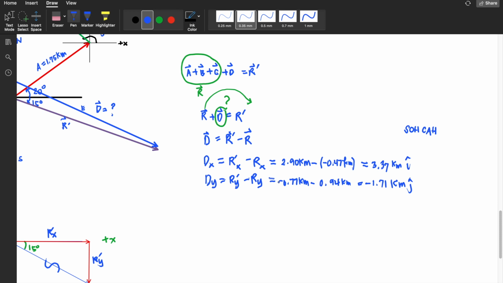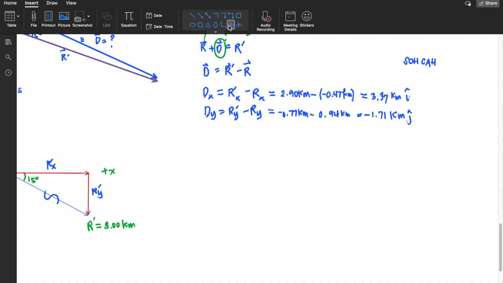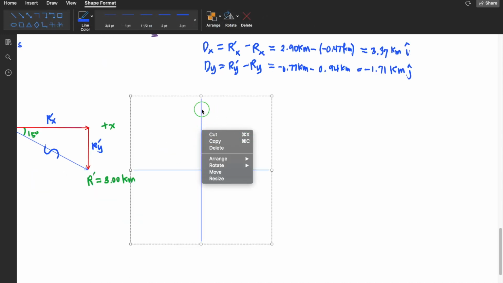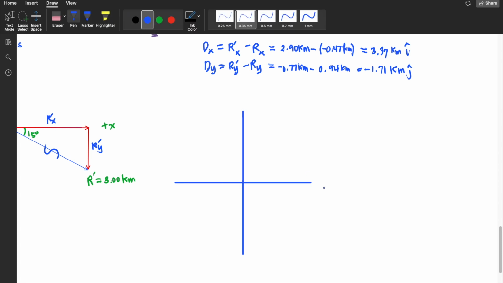Here, we'll have to look for its magnitude using the Pythagorean theorem. We'll draw here and put some labels.